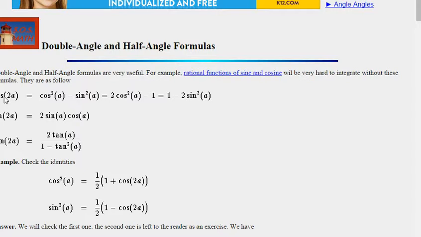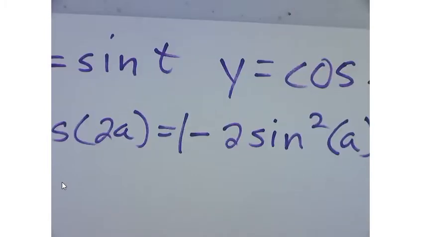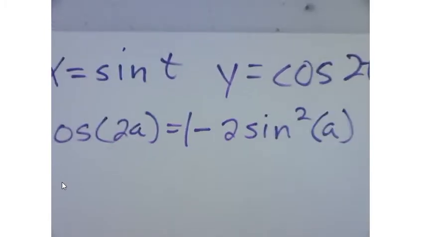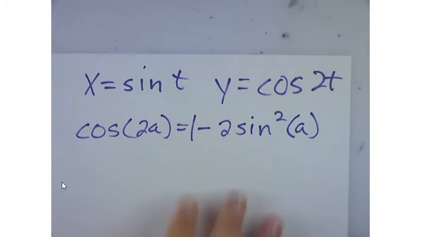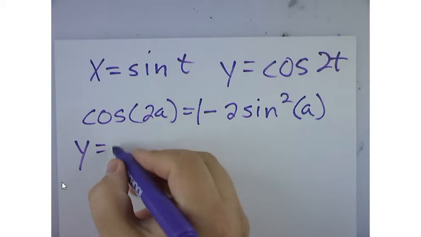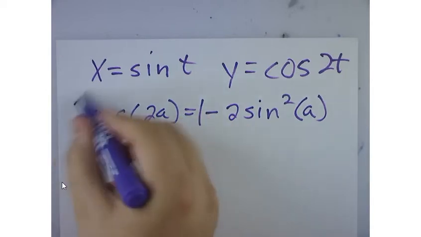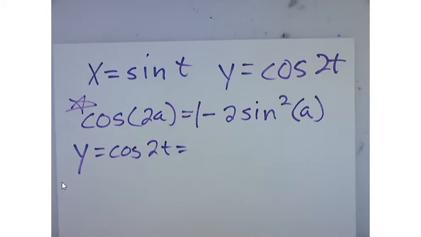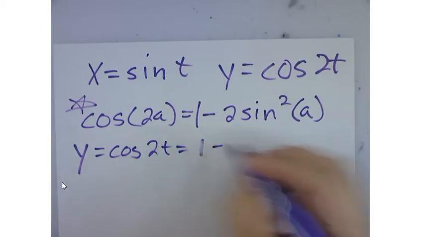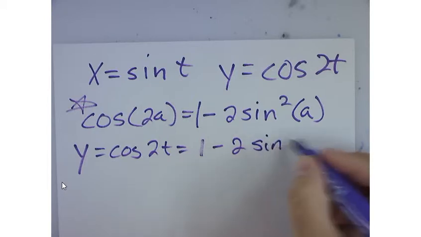Why did I go with that last one? Well, because if I look at my parametric equation, x is written as sine of t. Okay? So now let's translate this a little bit. So if y is equal to cosine of 2t, by this formula, cosine of 2t is the same as 1 minus 2 times sine squared of t.